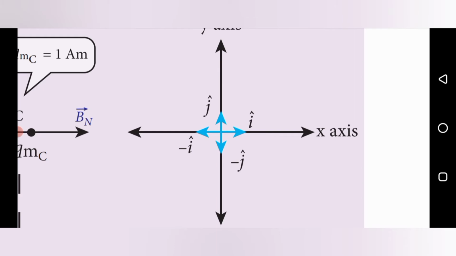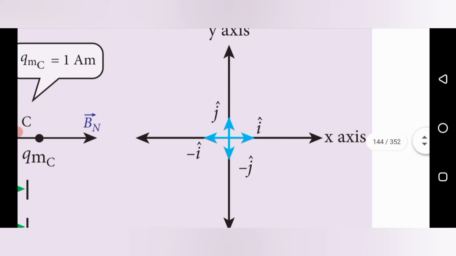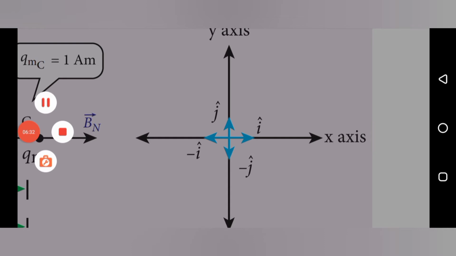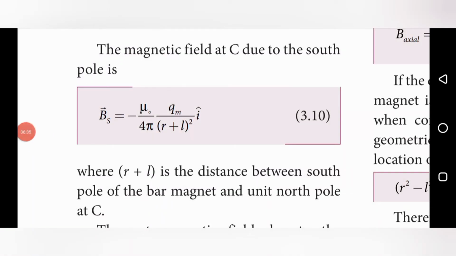The arrow symbol denotes the positive direction of the x-axis, and exactly opposite to that is considered minus i, and likewise for positive j and negative j. So see the direction: from north to point C along the x-axis, we take it as a positive value. For the opposite direction, from south to point C, we take it as the negative component, so we take a negative value. And R plus L, you know, is the distance between the south pole and point C.